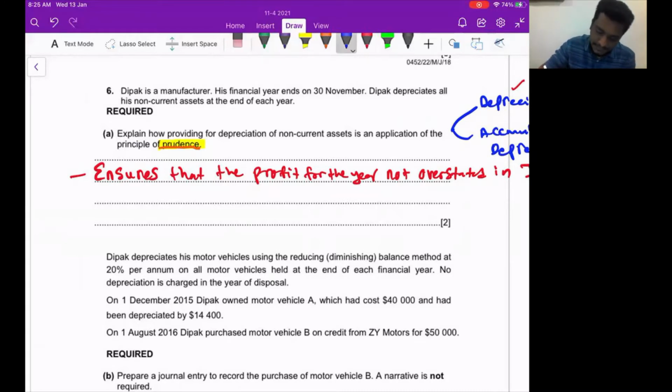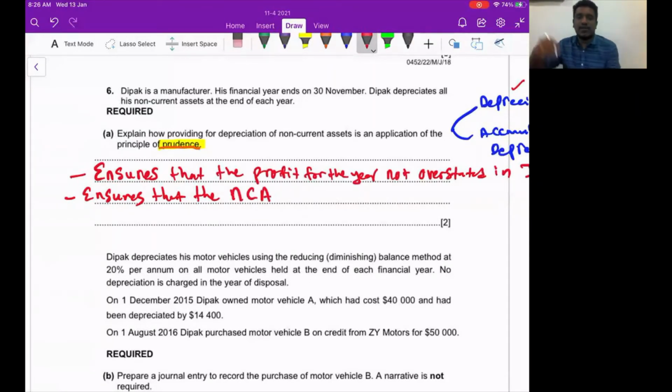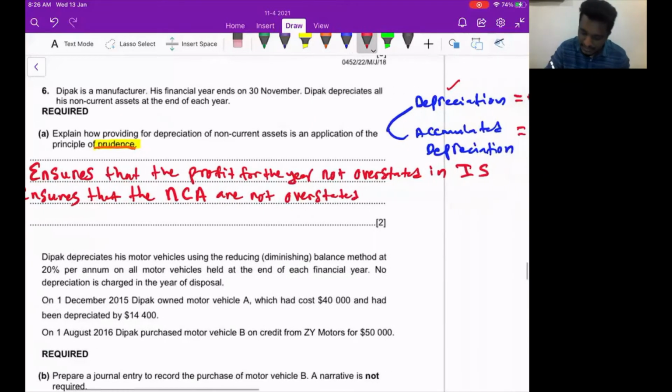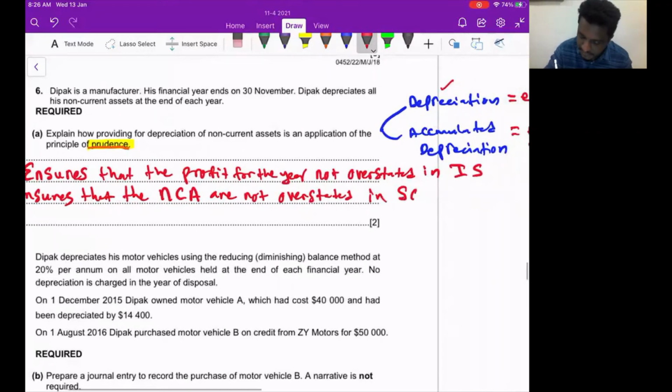Okay, second one, you can talk about to ensure that the non-current assets are not overstated in the statement of financial position.